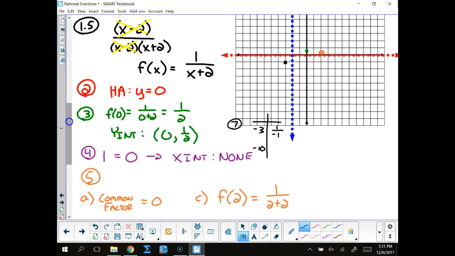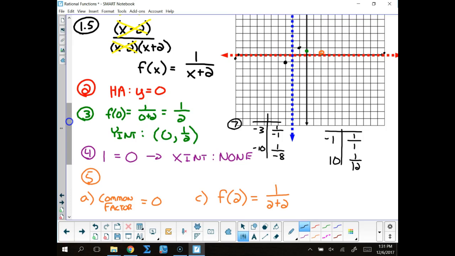If I put in -10, I've got 1 over -8, which is -1/8. If I go on this side, let's put in -1, 1 over 1, that's +1. If I put in 10, it's 1 over 12, which is right there.